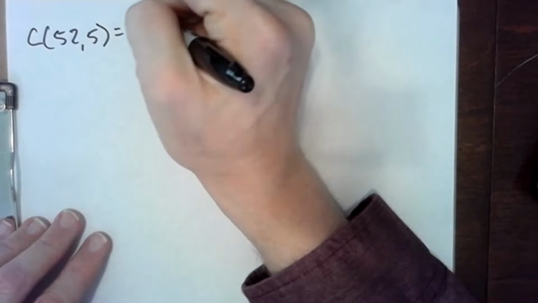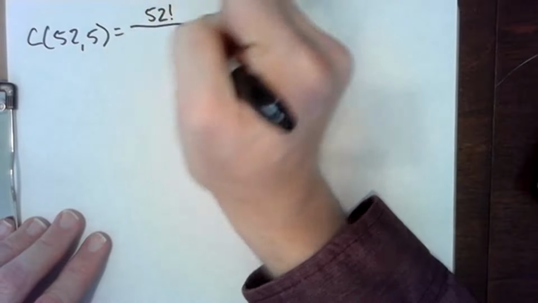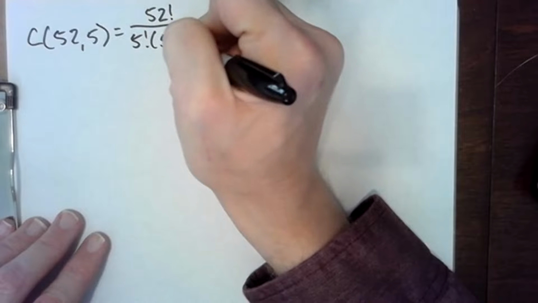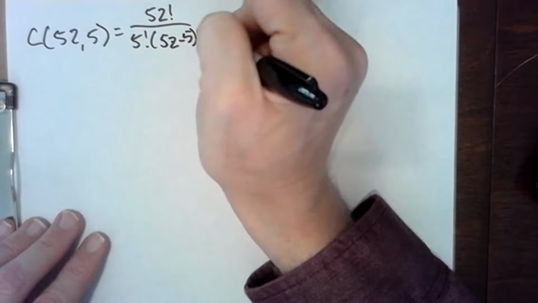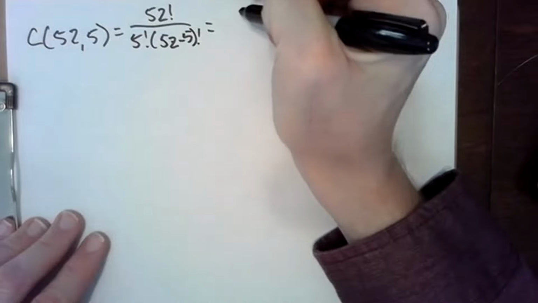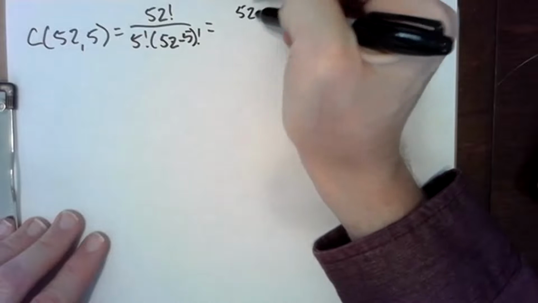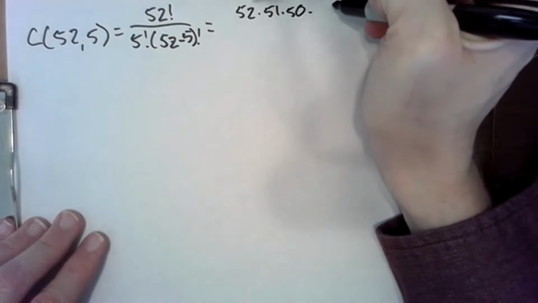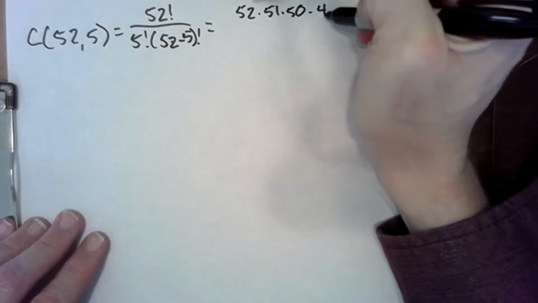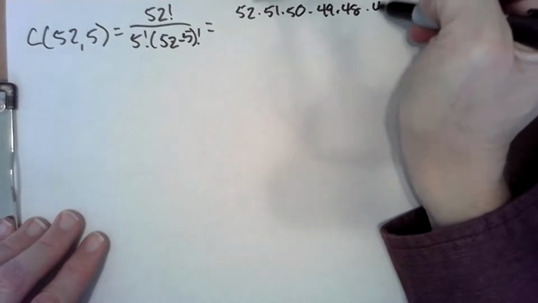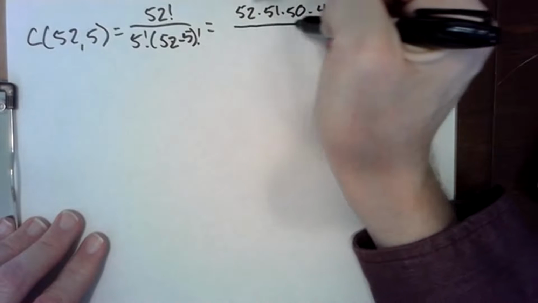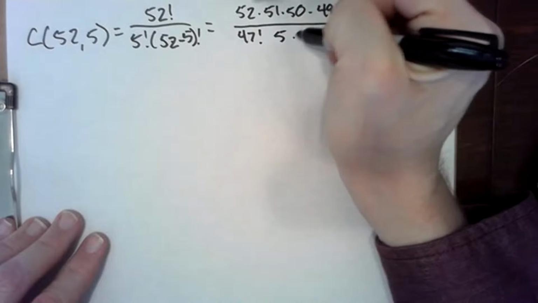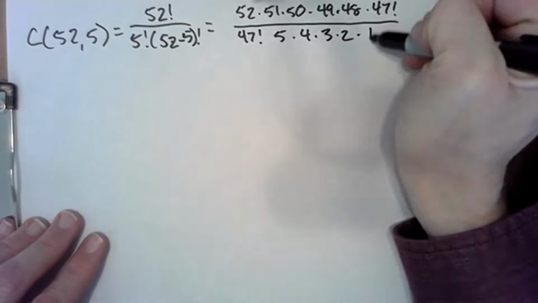And that gives us 52 factorial over 5 factorial times (52 minus 5) factorial, or 47 factorial. So that's 52 times 51 times 50 times 49 times 48 times 47 factorial, over 47 factorial times 5 times 4 times 3 times 2 times 1.